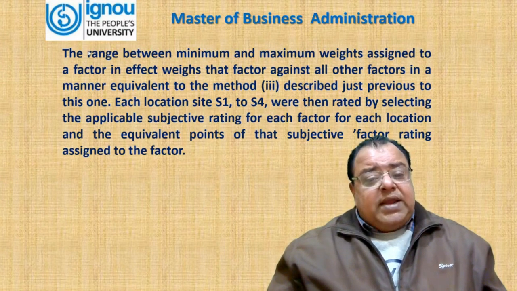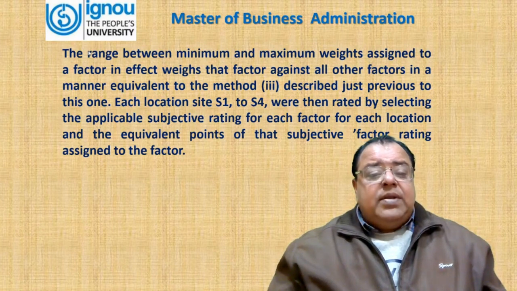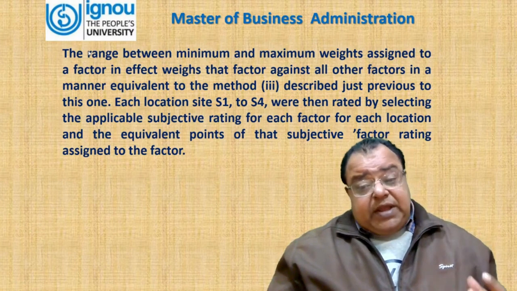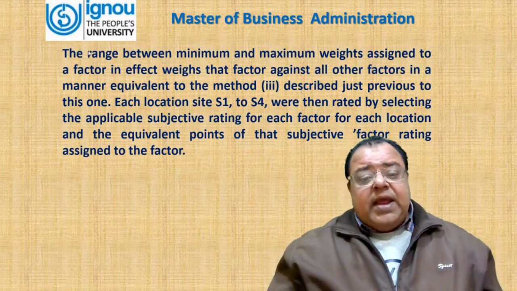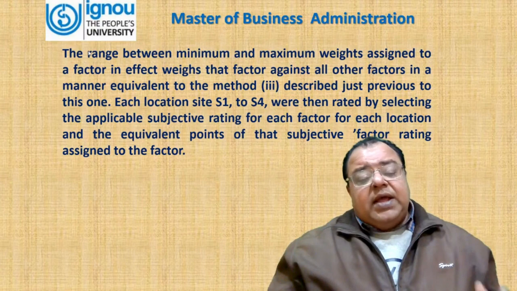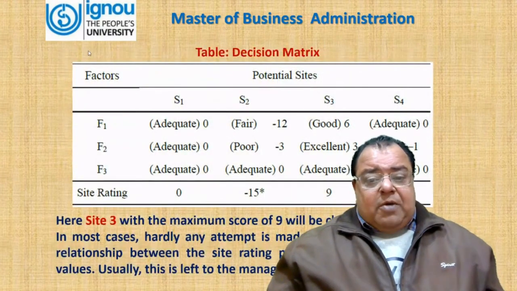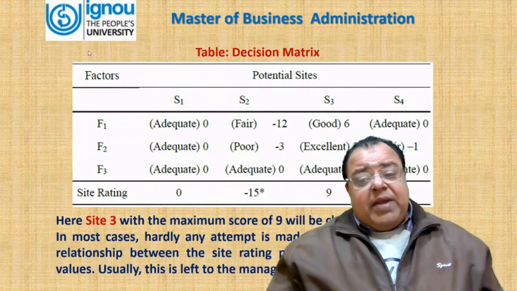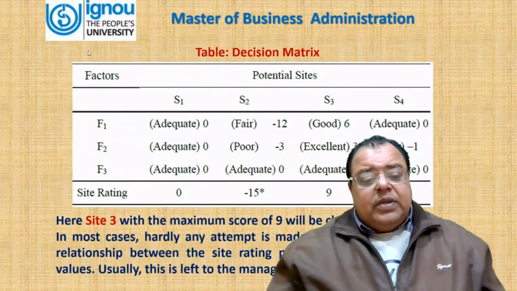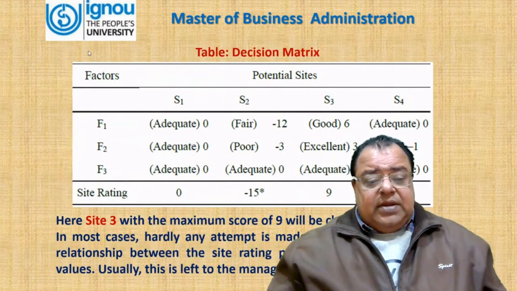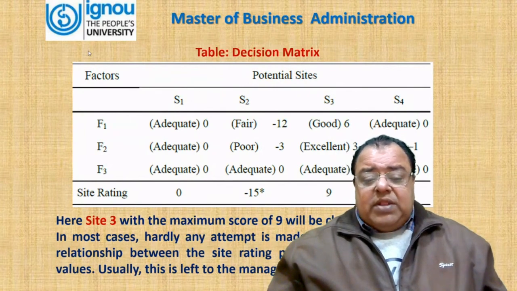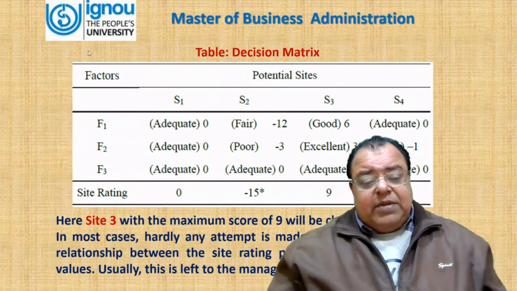Each location site S1 to S4 was then rated by selecting the applicable subjective rating for each factor for each location, and the equivalent points of that subjective rating were assigned to the factor. Now, after clubbing, the decision-making matrix was formed. Here we can see that site 3 with the maximum score of 9 will be chosen.